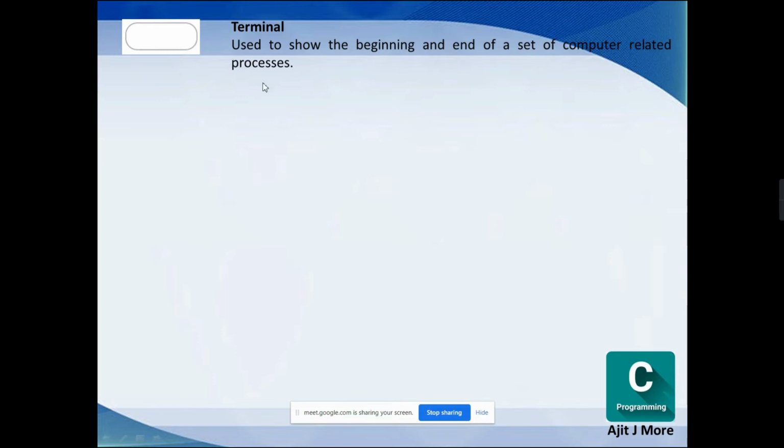I'm calling it a computer related process, meaning only what? The steps of your problem solution. Whatever your problem is, you have found the solution for it. Now that solution sequence you are representing pictorially. So for that entire sequence, the two endpoints are shown with this terminal. Okay. Then this is a parallelogram. Inside this parallelogram, you have to show print and read.